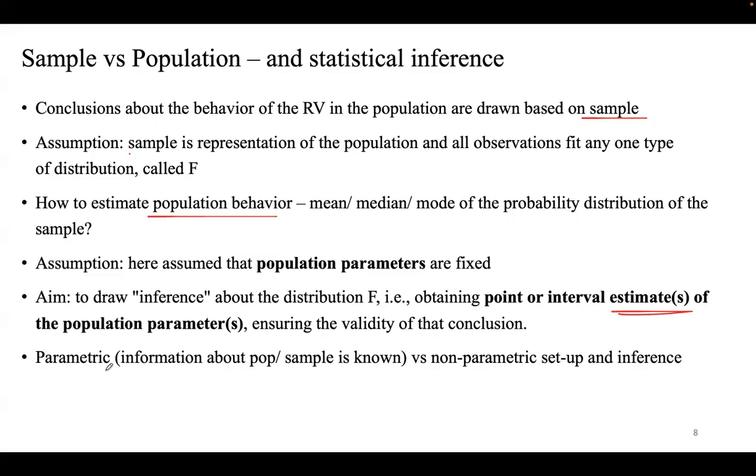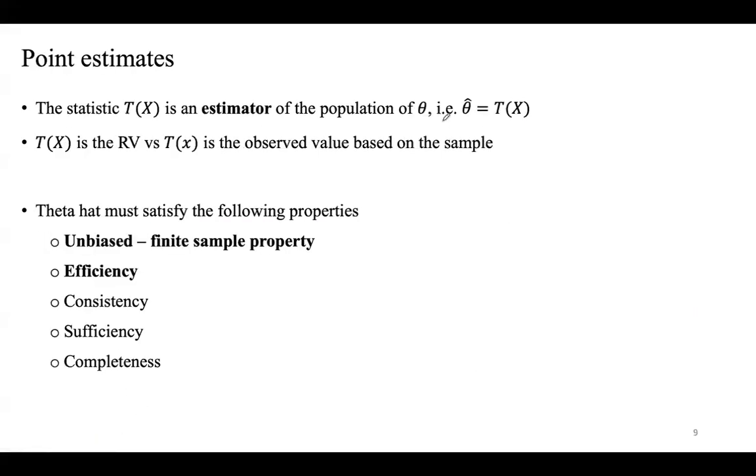Okay. So basically, from this slide, what I want to tell you is that there is a population. The population is the reality, and there is a sample, and it's the sample through which we want to estimate information about the population. Now, let's say we want to estimate theta.